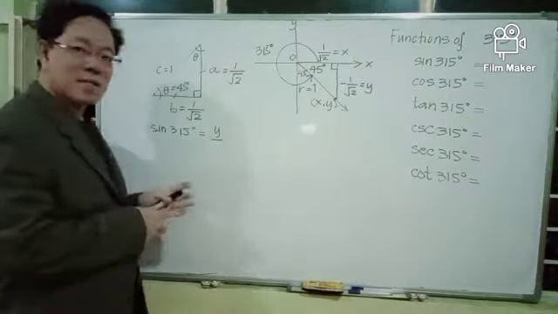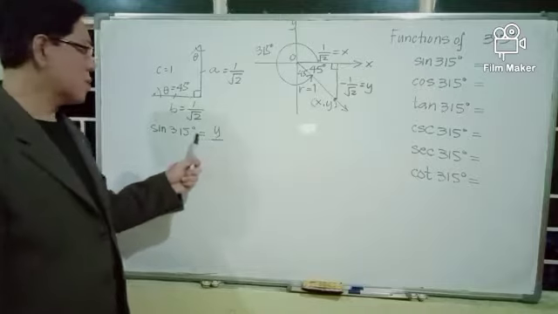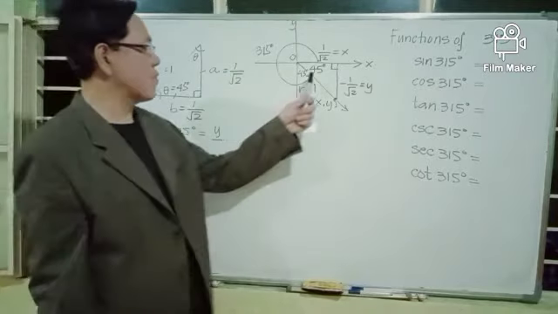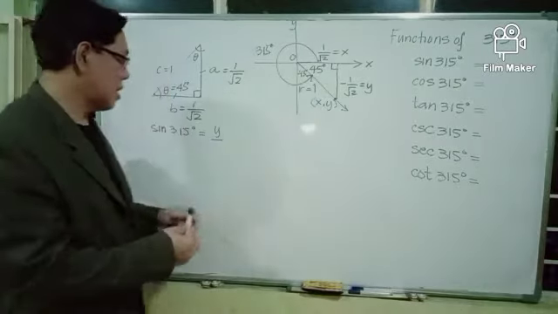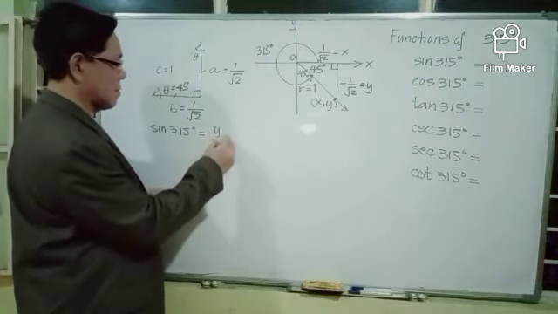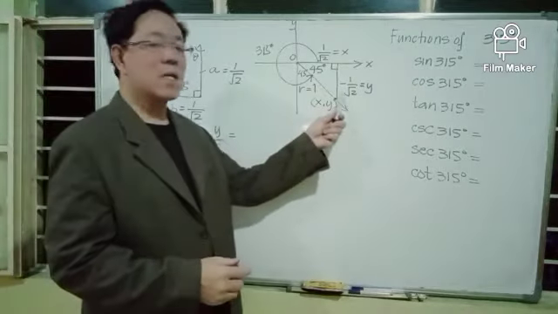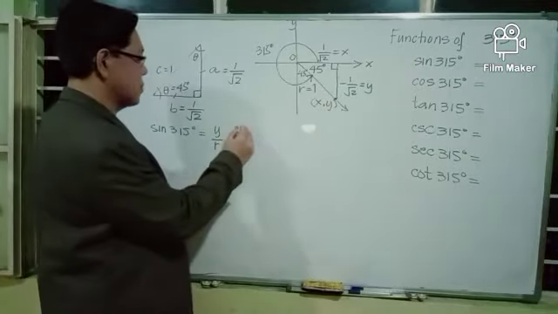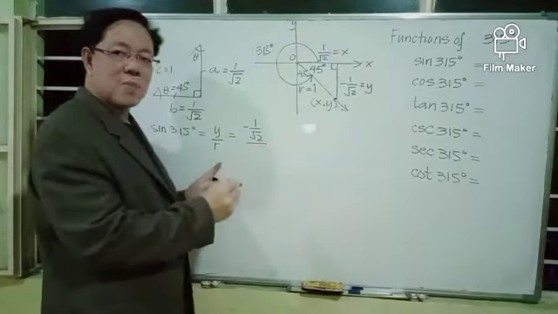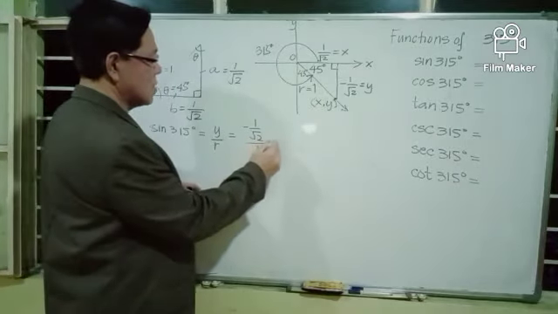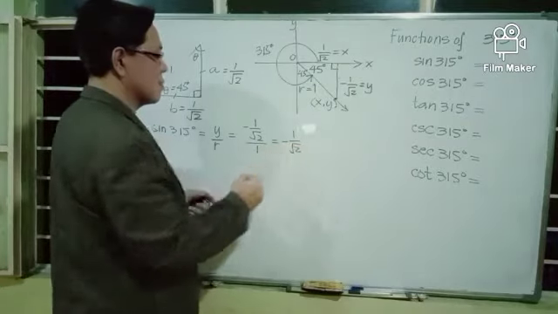So the sine of 315 degrees equals the side opposite 45 degrees, y, divided by the radius vector r. And y is equal to negative 1 over square root of 2 divided by the radius vector 1, which gives us negative 1 over square root of 2.